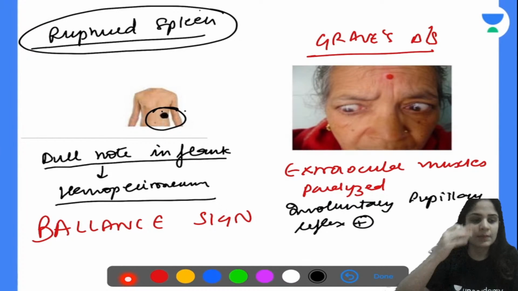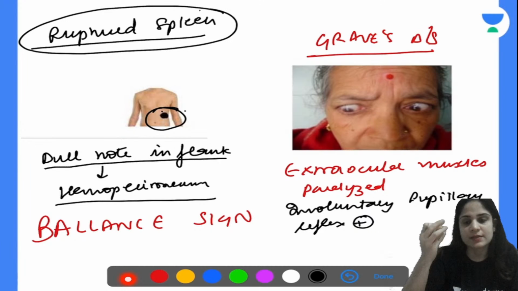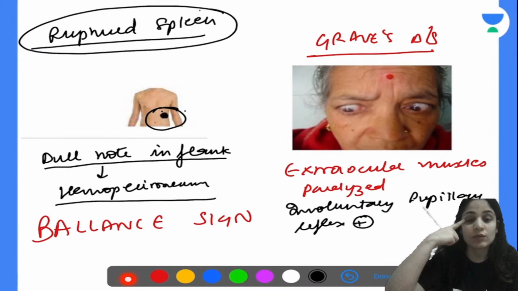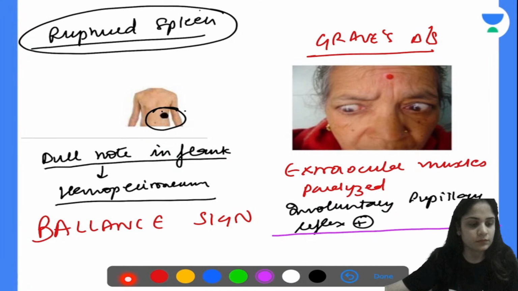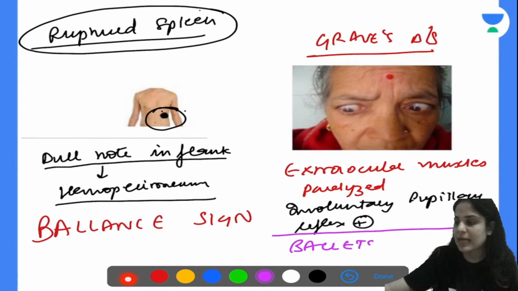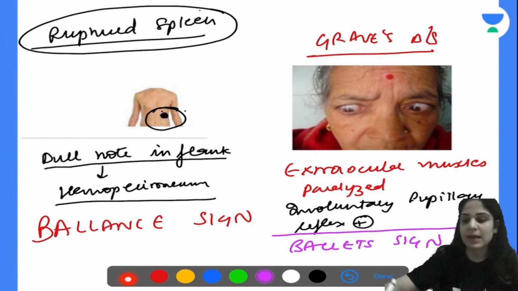So extraocular muscles are paralyzed, but the involuntary muscles are moving, and as a result of this, you get involuntary pupillary reflex and eye movements. So what is the name of this sign? No, not exophthalmos. This is called Ballet sign. Okay, this is called Ballet sign.